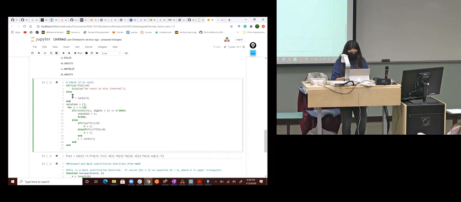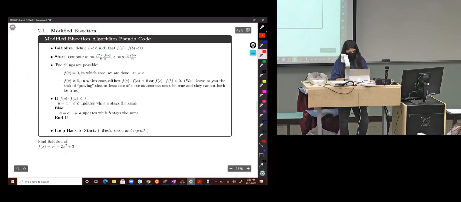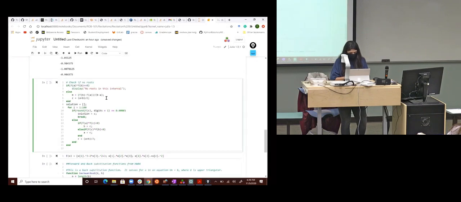So we get the slope m, which is f of b minus f of a divided by b minus a. And then our c is a minus f of a by m.